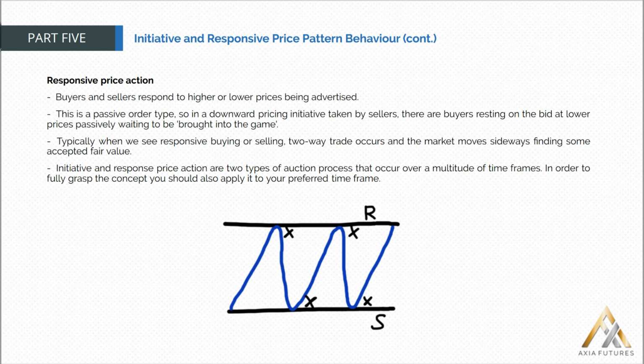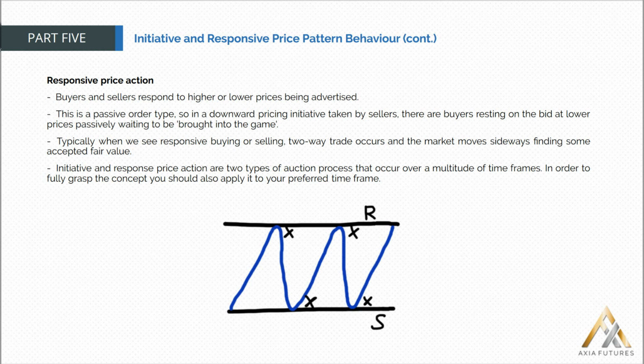Now, initiative and responsive price action are two types of auction process that occur over a multitude of time frames. In order to fully grasp the concept, you should also apply it to your preferred time frame. So note, guys, this isn't just a 1 minute or a 2 minute or a 10 minute, a half hour, hourly, daily.